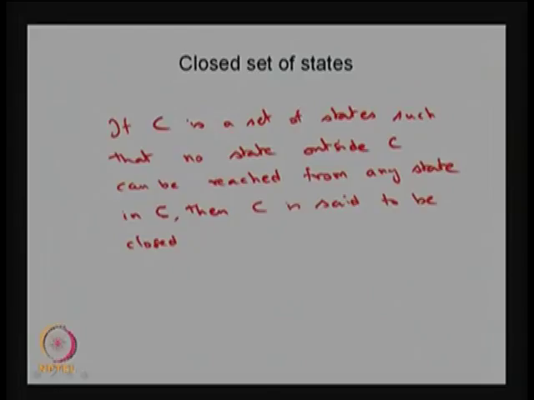If both properties are satisfied, the states communicate with each other as well as the closed property is satisfied, then we can say it is a closed communicating class. So, any subset in the state space S, if each element within the set communicates with each other and satisfies this property, then that collection is a closed communicating class.